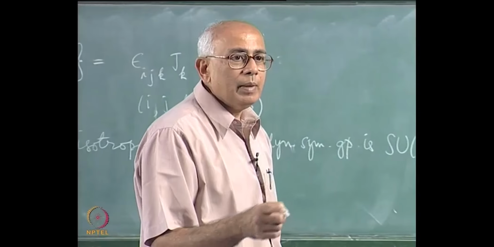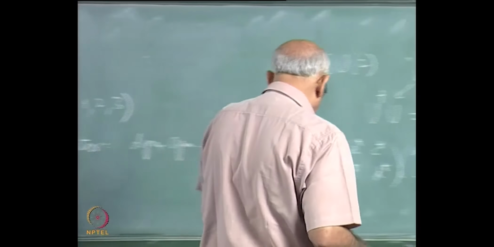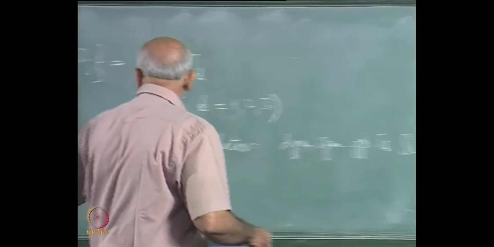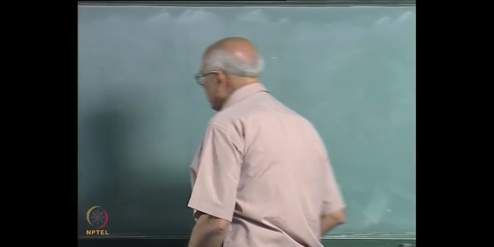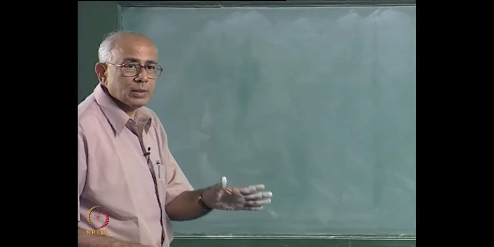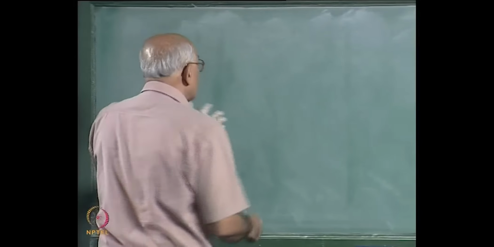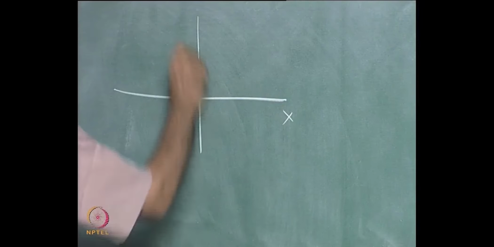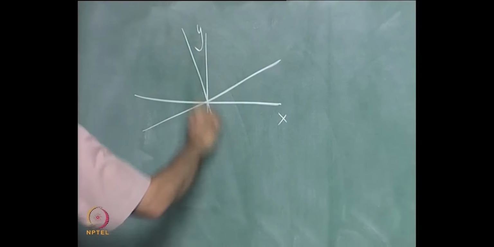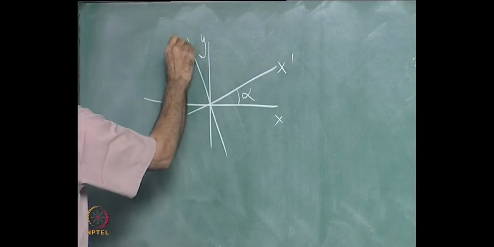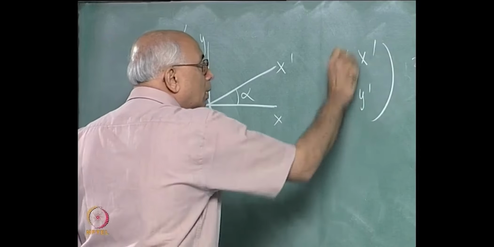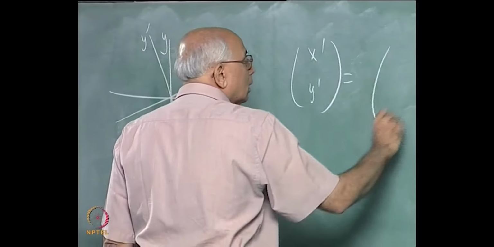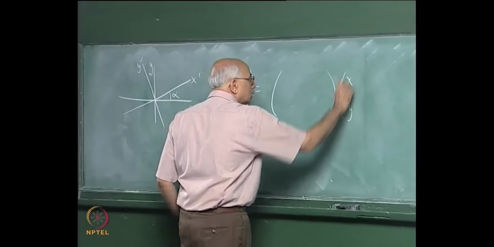Now let us come to the question of what I mean by a generator, and let us go back and do a little bit of elementary algebra here. So I start with the simplest example of a rotation in 2 dimensions in a plane, and let us write the equations down directly. I start with the xy plane and make a rotation by an angle alpha to write new coordinates x prime and y prime, and of course x prime y prime is equal to a certain matrix acting on xy.